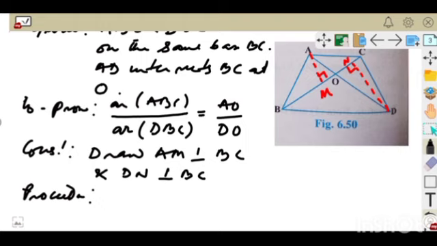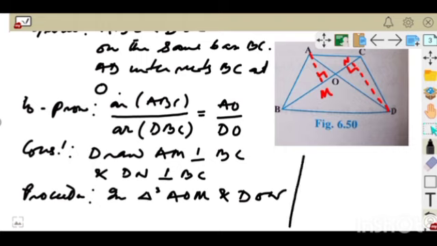First, I want to prove that triangles AOM and DON are similar. Let me write, in triangles AOM and DON, let me prove that these two triangles are similar. How can you prove?